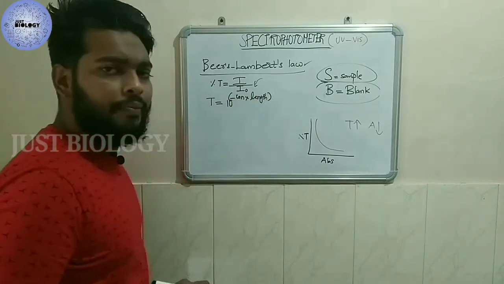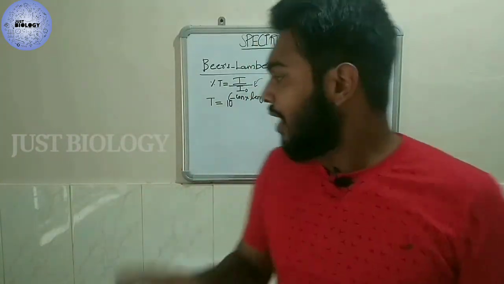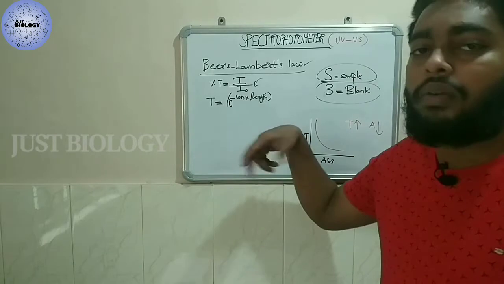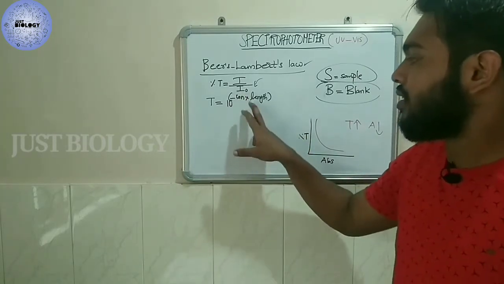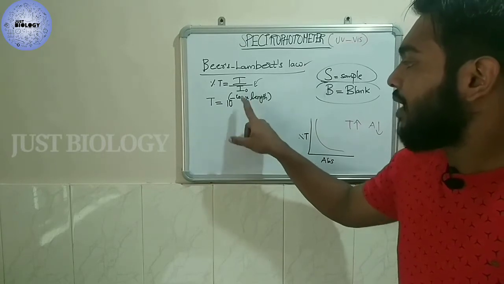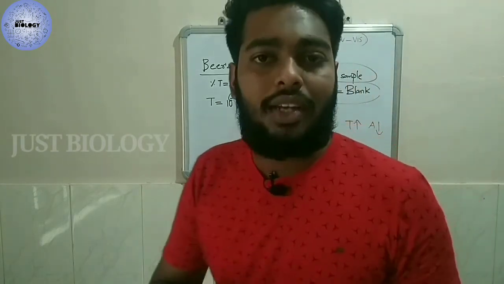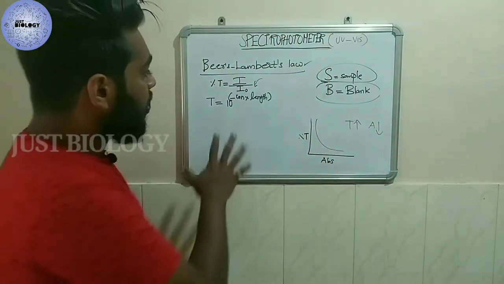What does it mean? Actually the transmittance is equal to 10 to the power of minus concentration into length. This is what the transmittance will give you.